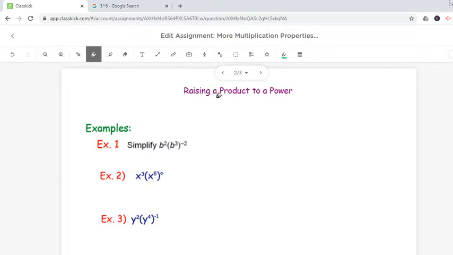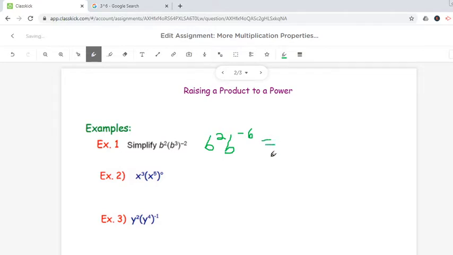Now it's raising a product to a power. So for this one, we'll keep the b squared. And then we have an exponent outside of these parentheses. So we multiply. So negative 2 times 3, that is negative 6.